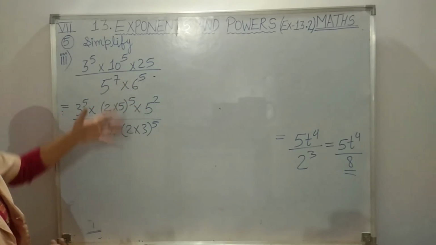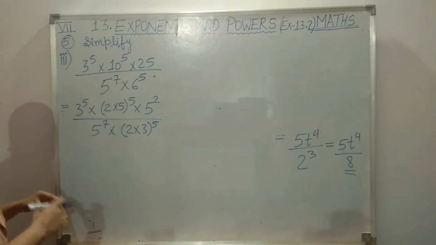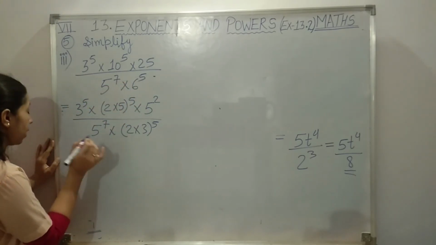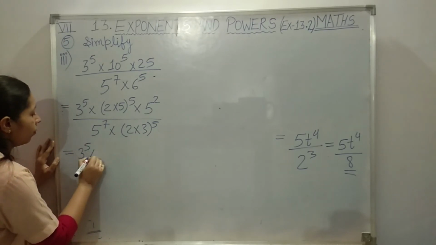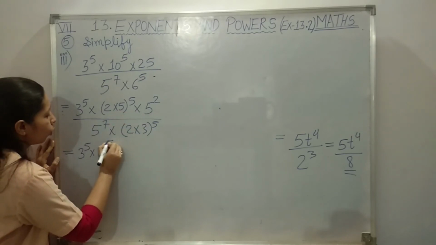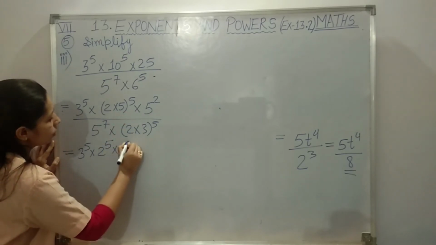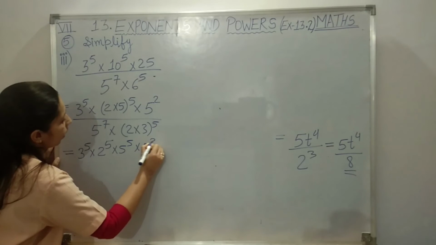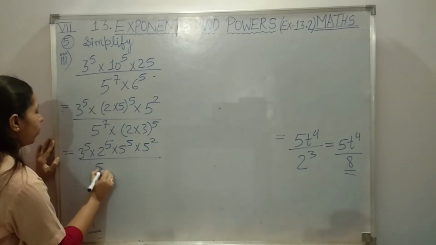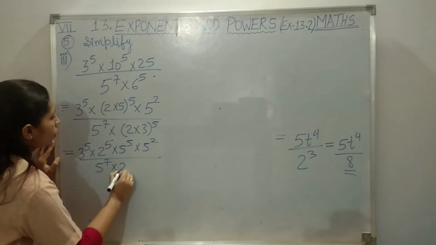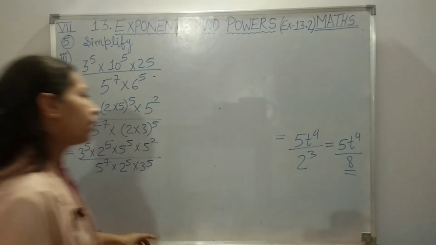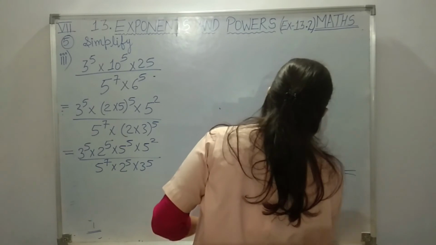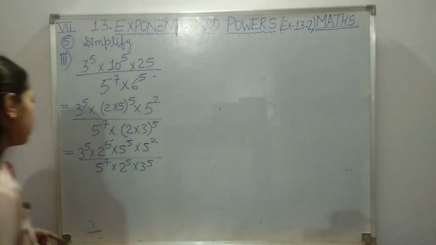If a number is written without it, then you have to take out its LCM and write it like that only. Now 3 raised to the power 5 into 2 raised to the power 5 into 5 square upon 5 raised to the power 7 into 2 raised to the power 5 into 3 raised to the power 5. Again we can see that many terms are in division, so let us subtract their powers.